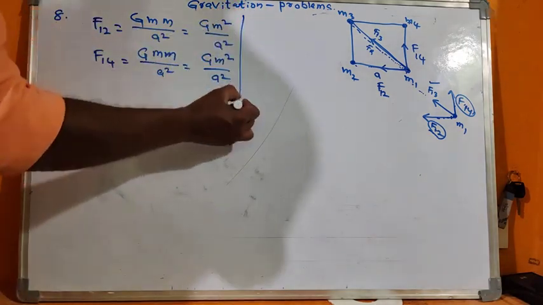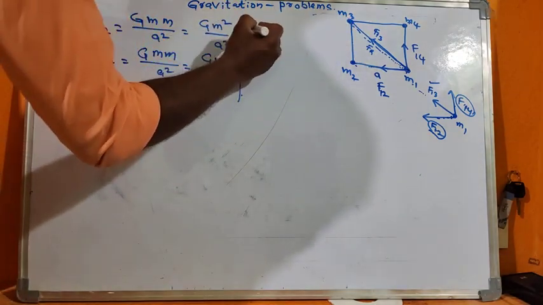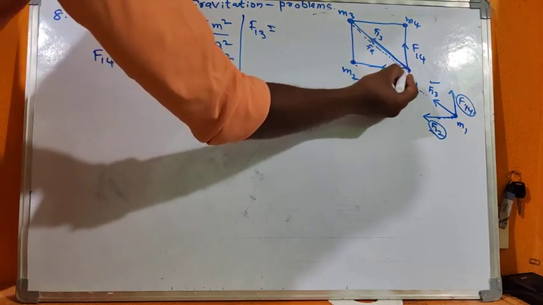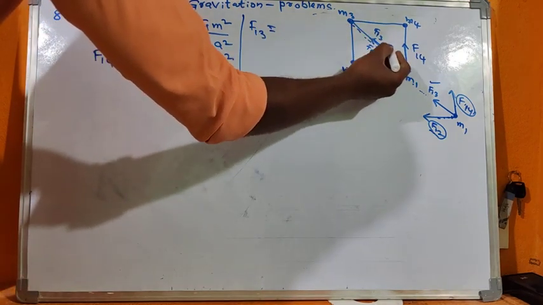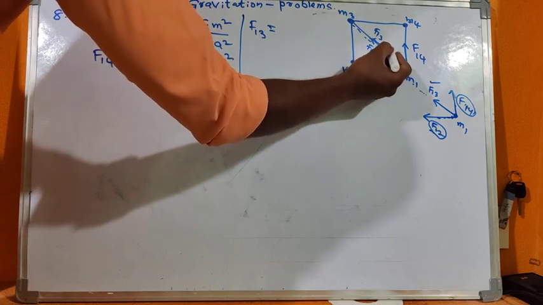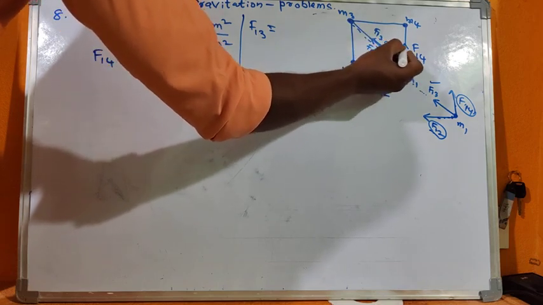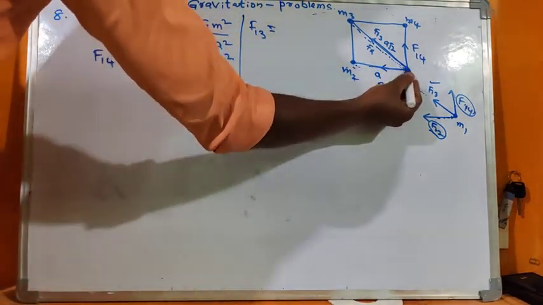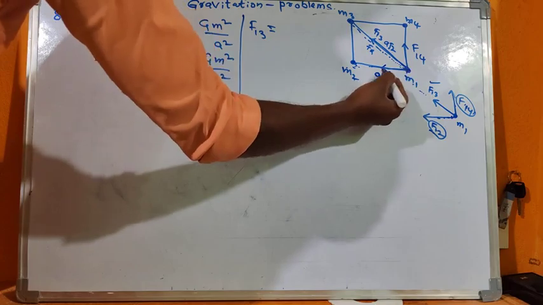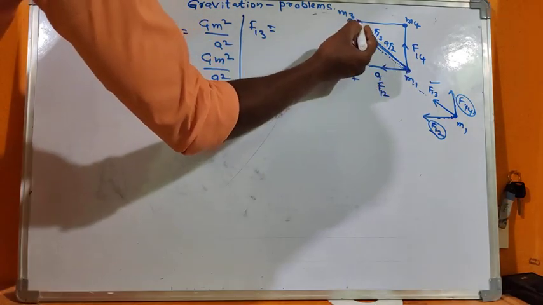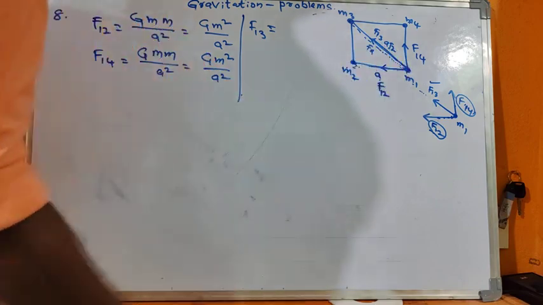Then what about the force F13? Here the distance between m3 and m1 is different. This is the diagonal of the square, and that is equal to a root 2. If the side of the square is a, then the diagonal of the square is a root 2.